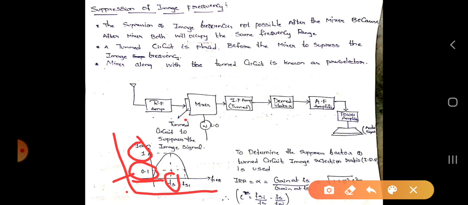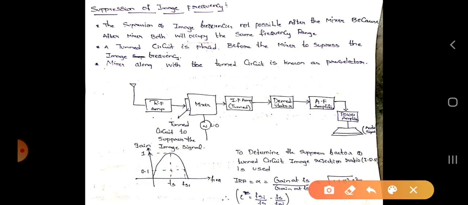This is how we are reducing the intensity level. At the beginning it is 50, we are passing it to the circuit so that it is multiplied with 0.1. So after coming out of this tuned circuit, the intensity level of the image signal is 5 only. Before it is 50, now it is 5, so we have reduced it. We can reduce it even much more by providing less gain in the tuned circuit. This is how the tuned circuit will work.